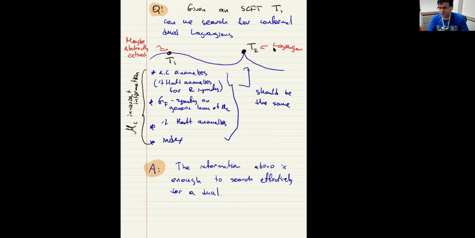There should be some choice of line operators which should be equivalent, basically because this information doesn't depend on where you are on the conformal manifold, and then you should arrive at this point with the same information. So you should map these theories. These are more complicated. So this is not an exhaustive list of things that you should match. There are more complicated things that you should match. And as with other types of statements, if any one of those fails, you fail completely, even if everything else fitted.